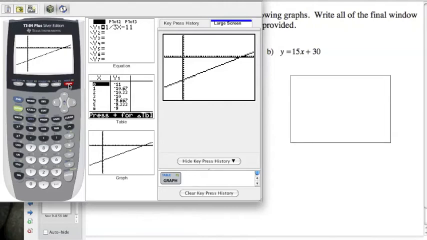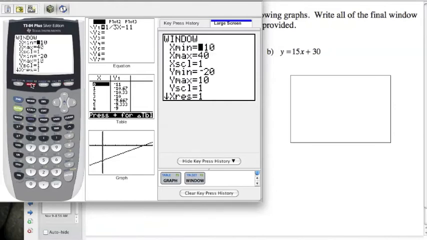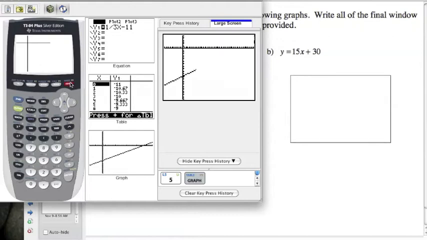So now to get my graph to cover the full screen, this is pretty good. But I could probably chop a little off the top by changing my y max to like 5. So if I change it to 5 and I hit graph, okay, now I got a little better thing. Now I got my intercepts.